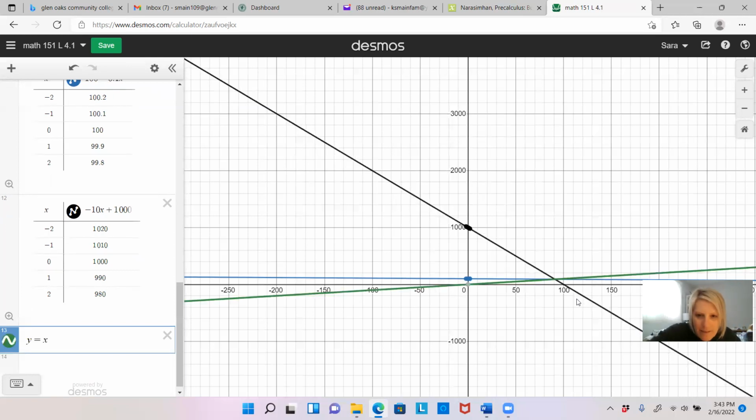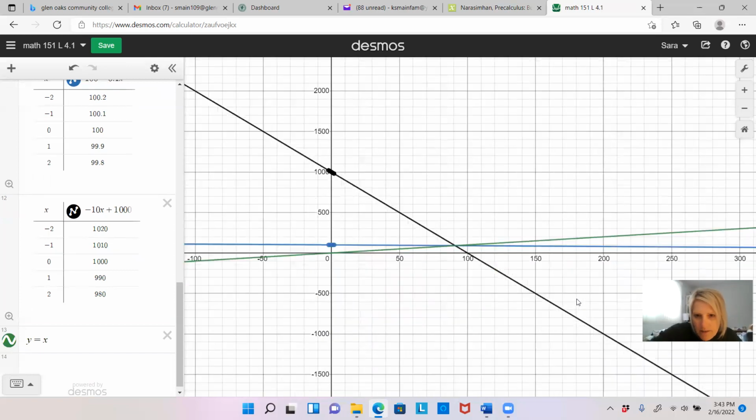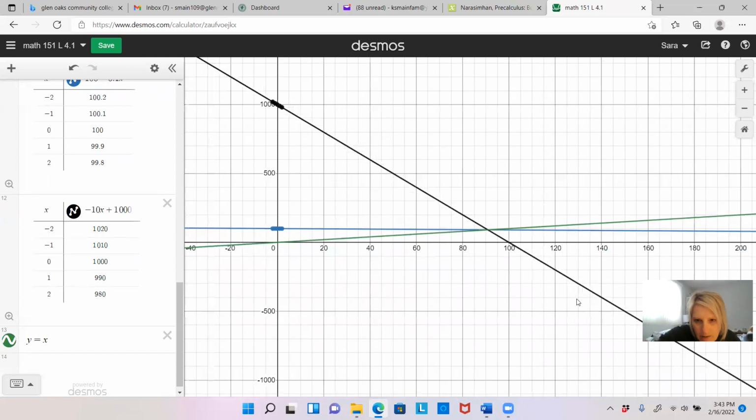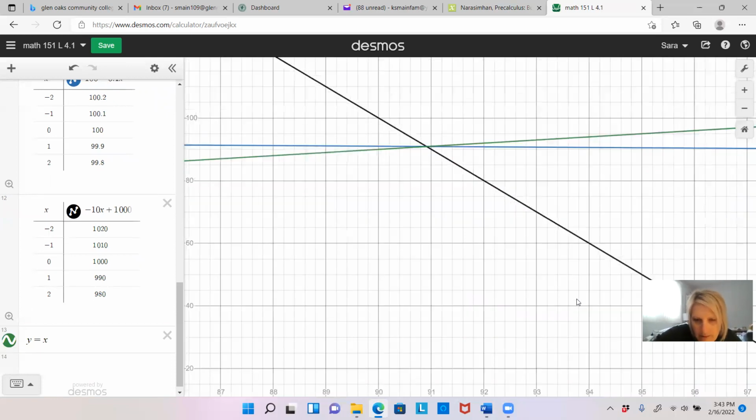It's hard because the scaling is off so much that it doesn't appear that they are, but they really are. So we can see here that they are symmetric from each other.